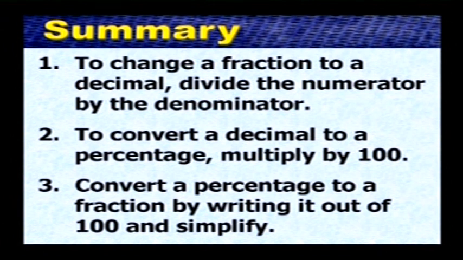Don't forget. Point number 2, to convert a decimal to a percentage, we must always multiply by 100. Don't forget, because we are trying to change a number to a percentage. Multiply by 100, not 10 or not 1,000.